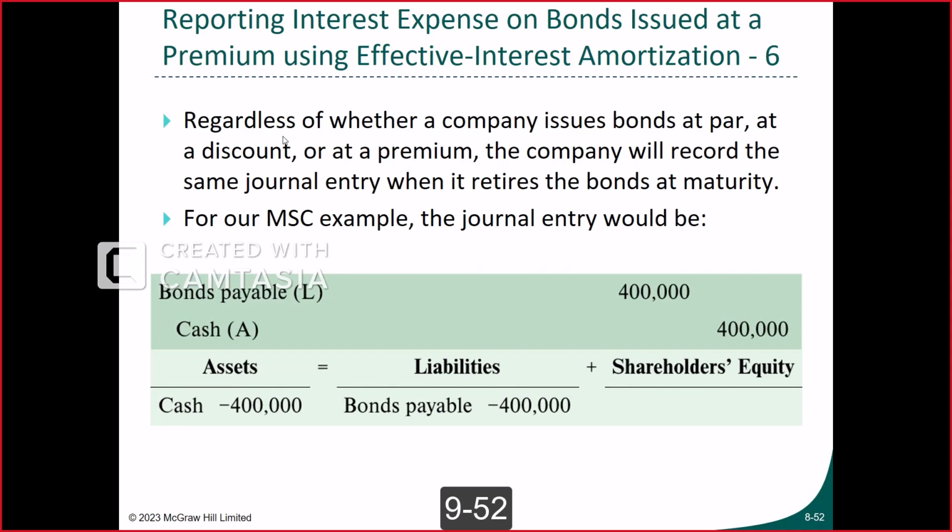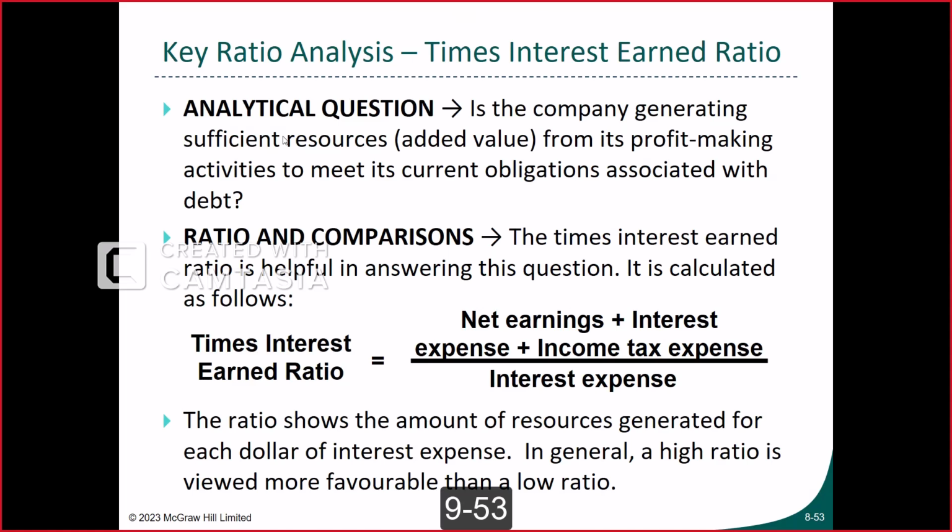Does it apply only in case of the issuance at par? No, it applies in every case. Very good. In all three cases, we end with this journal entry. Whether issuance is done at par, at premium, or at discount, the very last journal entry to settle completely and clear the liability is this: debit bonds payable, credit cash at the principal amount. So that's the technique of accounting for bonds.